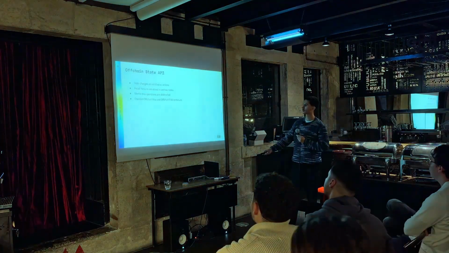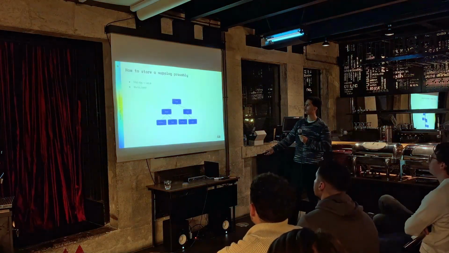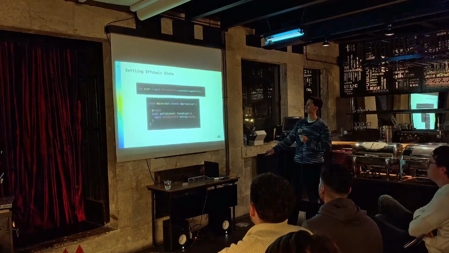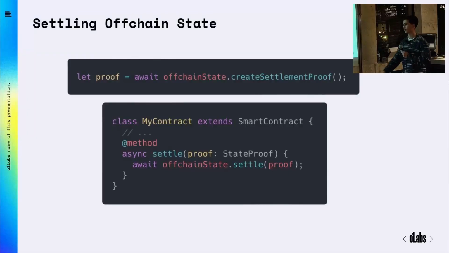So the question is, the user creates a settlement proof that's client side. Then how is this state change applied on the network, right? Is this the question?